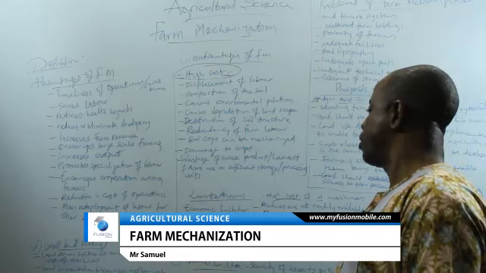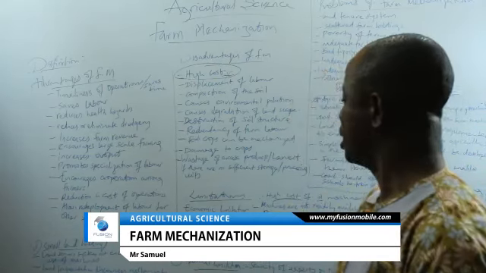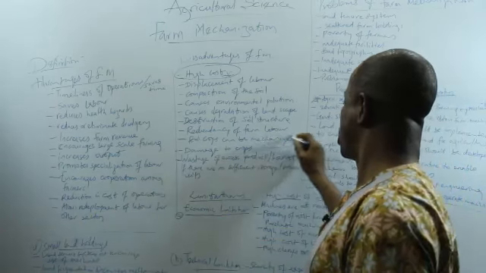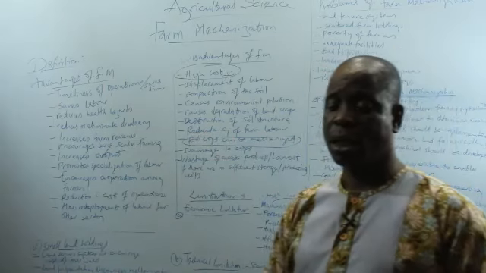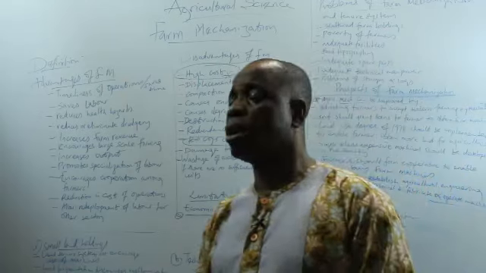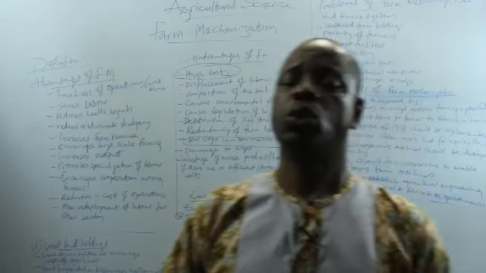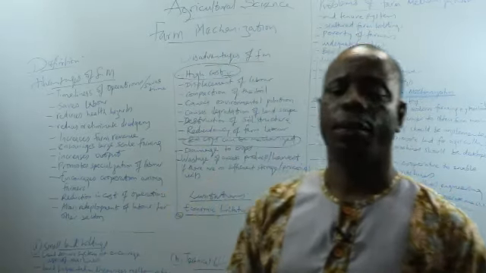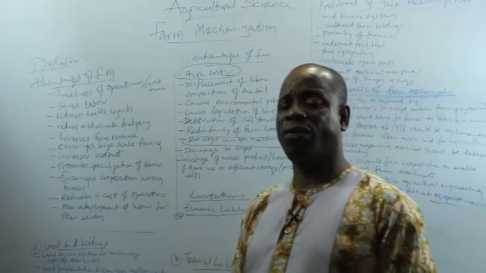Then few crops can be mechanized. This should be a form of problems or limitations to farm mechanization. But damage to crops, yes, we observe that farm mechanization can lead to damage to crops. Sometimes these machines, which are expected to work on the farm, will destroy the crops by trampling on them accidentally or by breaking into the farm accidentally.